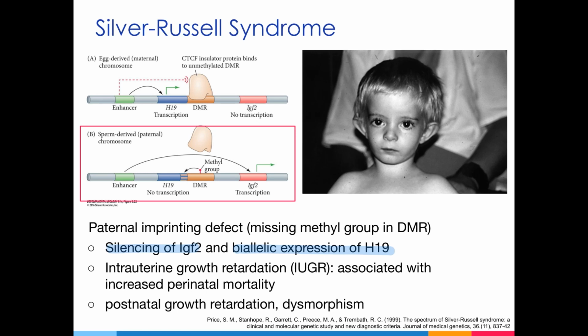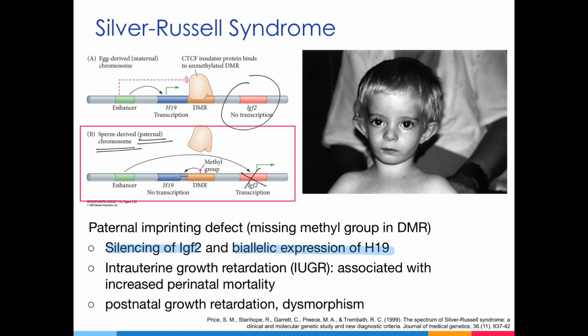Now, an important thing I should note here is that Silver-Russell syndrome does not necessarily have to result from an imprinting defect. What I mean by that is if there is a mutation in the IGF-2 gene, specifically in the paternally derived copy, and the mutation is an inactivating mutation, no IGF-2 will be made from the paternal allele, in addition to the fact that no IGF-2 is being made from the maternal allele by default.